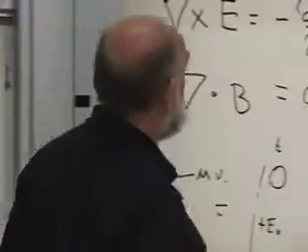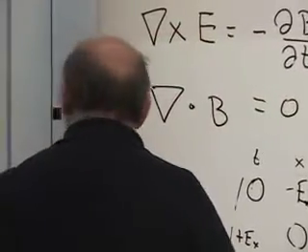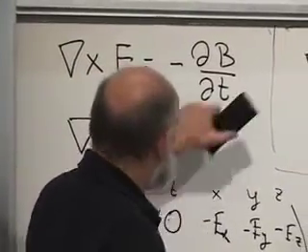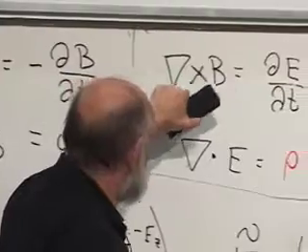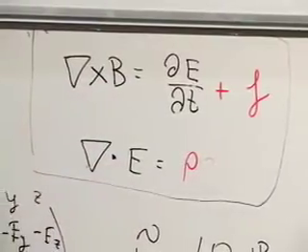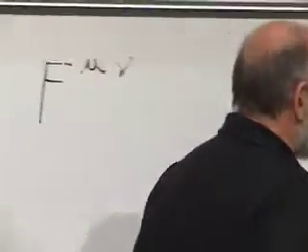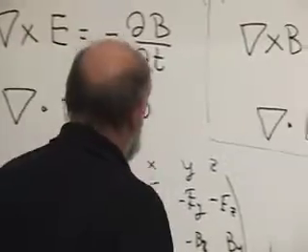The point is that if you went through the entire labor of doing the Lorentz transformations on the coordinates and on the components of E and B, you would find out that after the Lorentz transformation, the equation was exactly the same. Okay. What about the other half of the Maxwell equations?